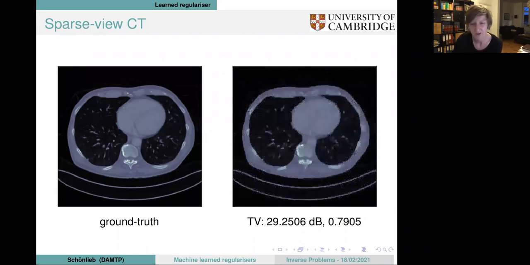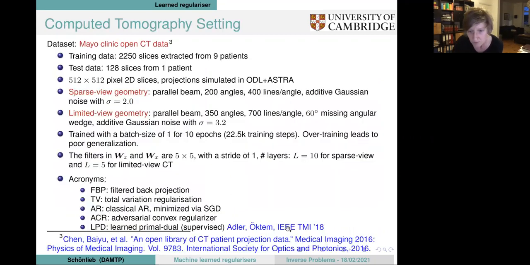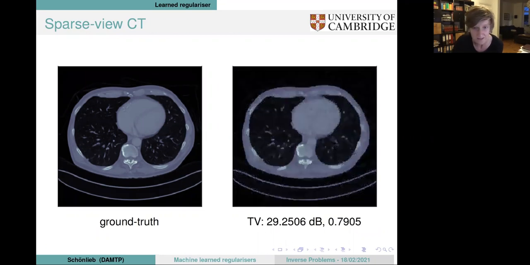The image doesn't look that great in terms of looking close to the ground truth, but when you look at the quality measure, a kind of distance function to the ground truth, then in terms of dB, you make a jump from 21.6 to 29.2. Yeah? And I think this is quite remarkable still.